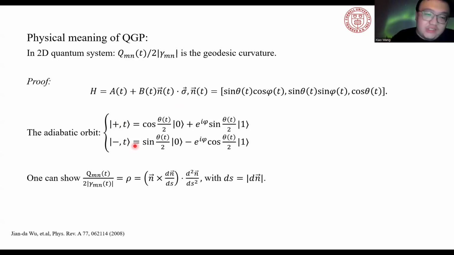You will find that the quantum geometric potential between the two energy levels is exactly the geodesic curvature of the corresponding two-dimensional quantum system. And once the quantum geometric potential itself goes to zero, this is exactly the geodesic in this two-dimensional Hilbert space.